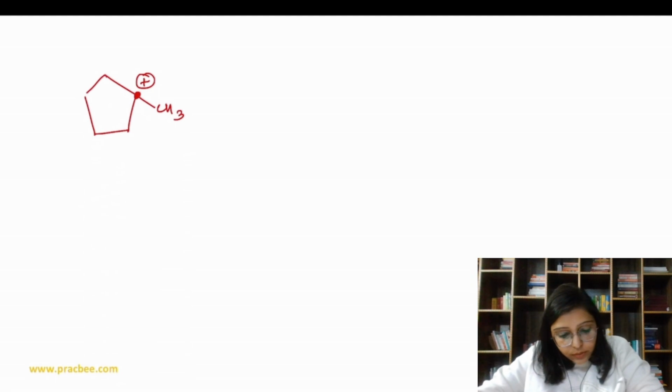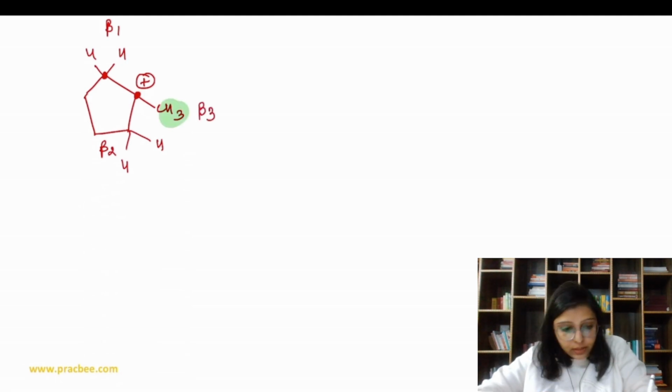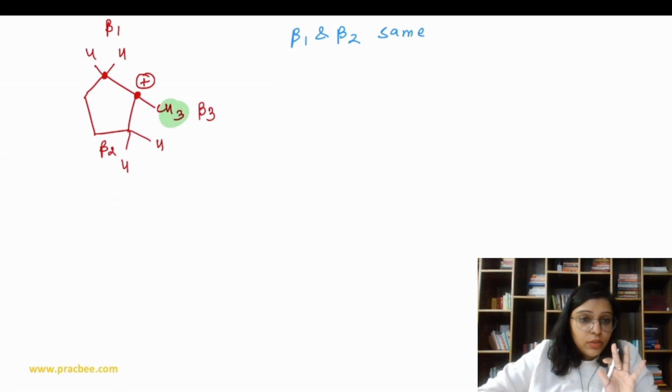Now here we have hydrogen, so we can say beta 1 hydrogen. Here we have hydrogen, that is also similar to beta 1 hydrogen, right? Beta 1 or say this is beta 2, and here we have hydrogen, so I can say beta 3 hydrogen, right? So the point is beta 1 and beta 2 are the same, right?